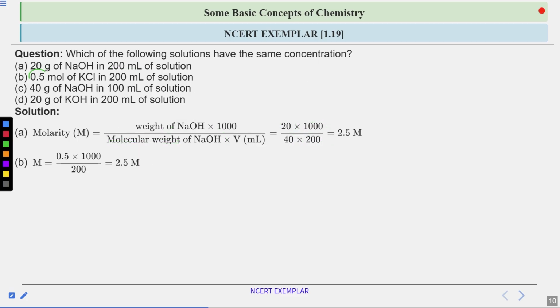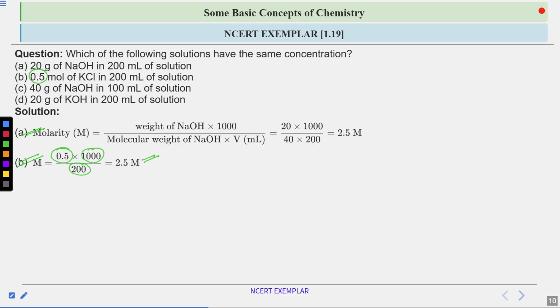Again, 0.5. We don't need to calculate the moles in the second option, as the moles are already given. So 0.5. But we need to convert this milliliter into liter. Therefore, we are multiplying by 1000, or you can say we are dividing this 200 by 1000. This will give you again 2.5 M. So one thing is sure, that A and B have the same concentration.